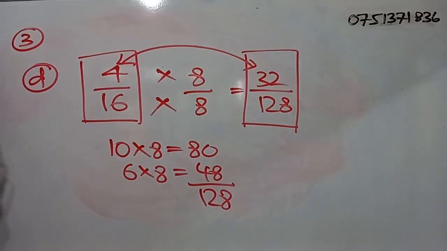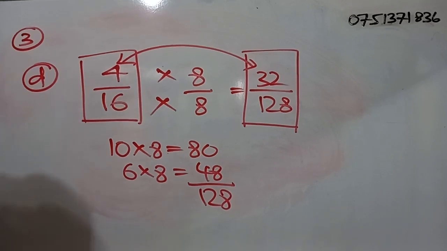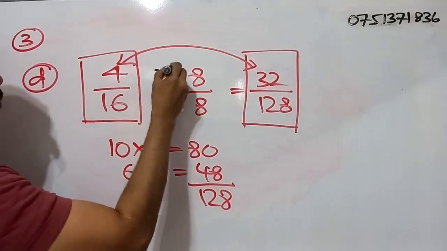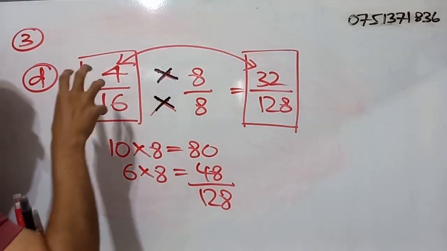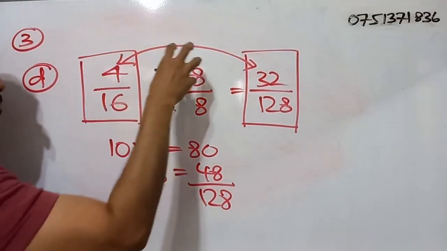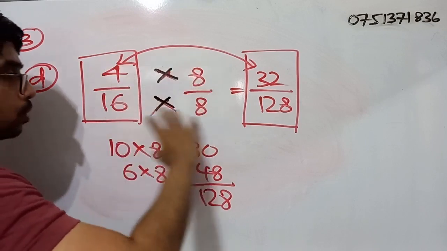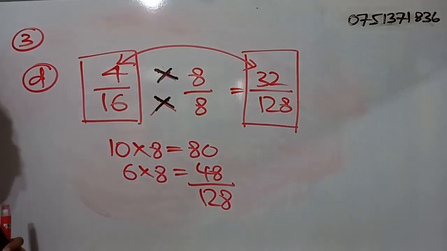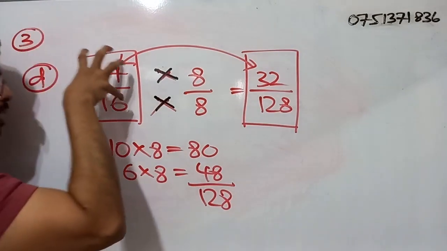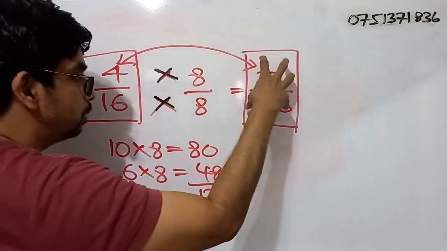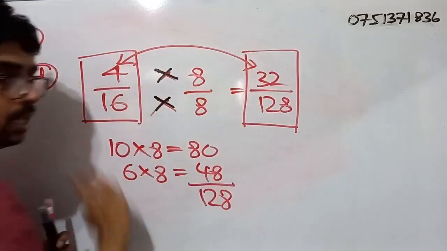Equivalent fractions. But here we use what? We use the multiplication method. Multiplying both the denominator and the numerator by the same whole number in order to get the equivalent fraction of 4 by 16. So this fraction and this fraction both are equal.